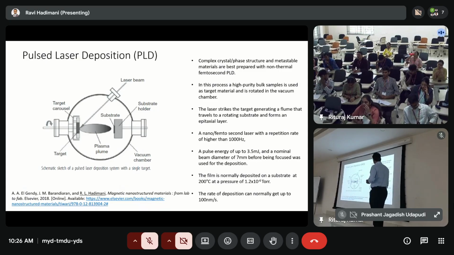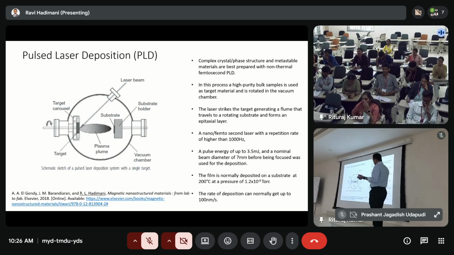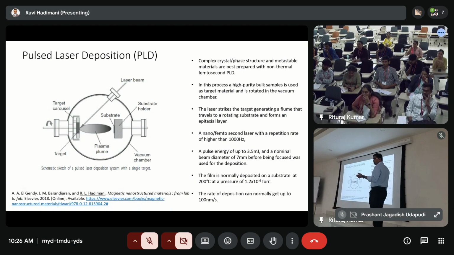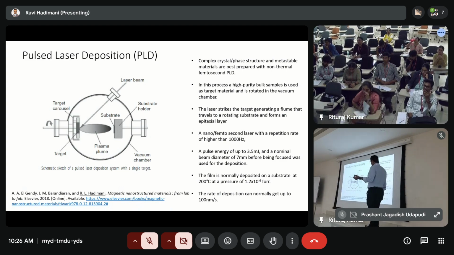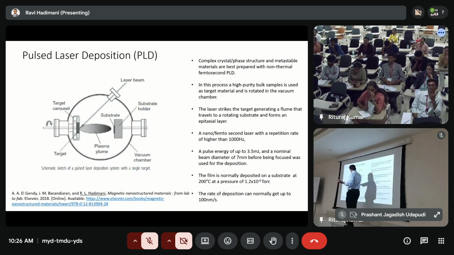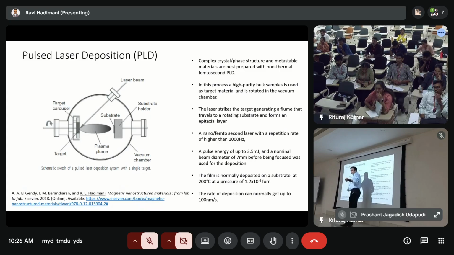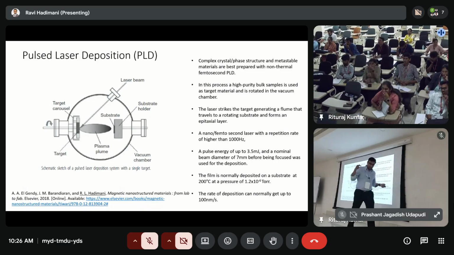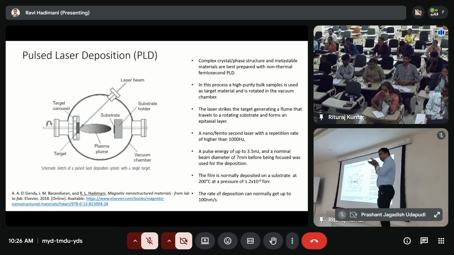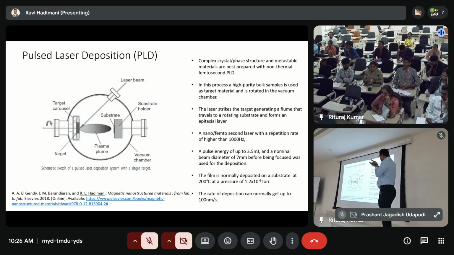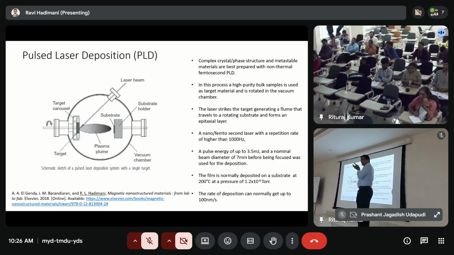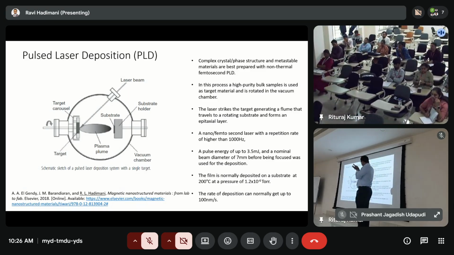Okay, so one of the nice things here is it can be a low temperature process, because the laser itself has the energy to generate fume, so it creates a melt pool only in that small area it hits, and that fume comes out.